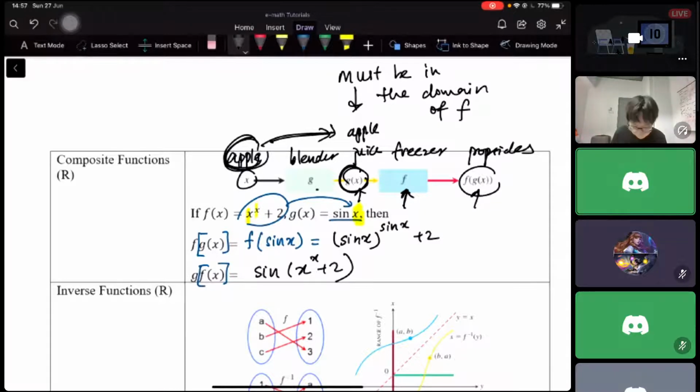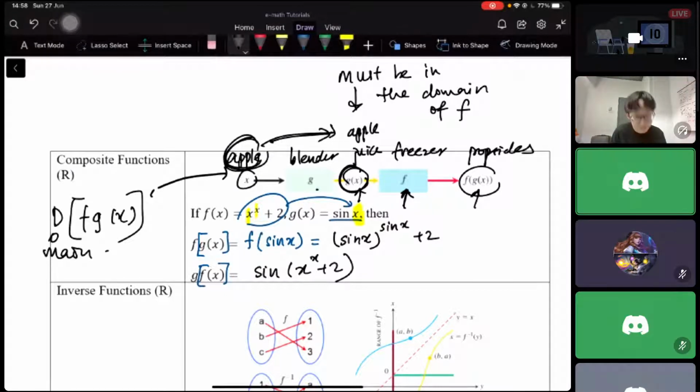So the domain of FGX, I'm writing short for the domain, is the x values that will give you an output that is in the domain of F when it undergoes function G. Something like that, whatever way you want to phrase it.